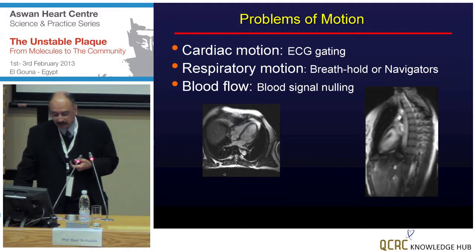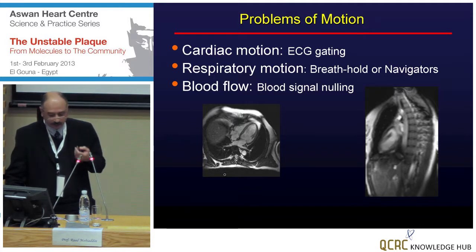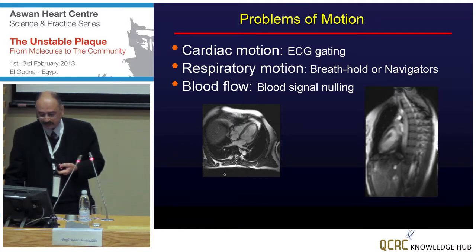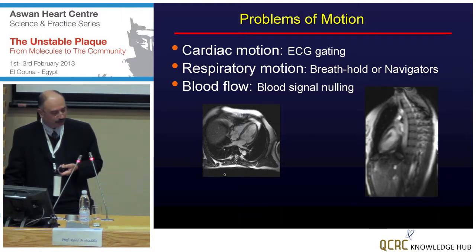Now, the problem, and that's why it is not so easy to do with the coronary arteries, and a lot of studies have been in the carotid artery, is the physiological motion. If you look at the coronary artery, it is like 5 millimeters in diameter or less. They move with cardiac contraction and relaxation. They move with respiration. So you have to address the respiratory motion and the cardiac motion.